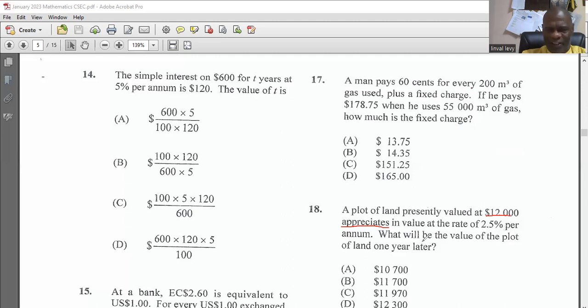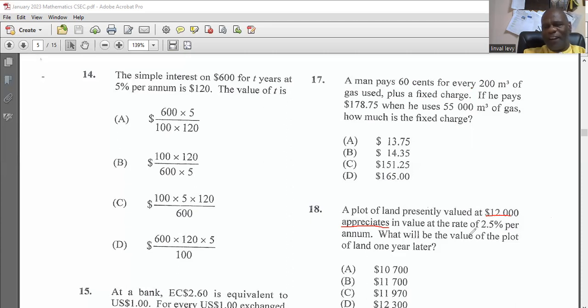Right? Annum means year. What will be the value of the plot of land 1 year later? Okay? So they say appreciate by 2.5%. They're going to take 2.5% of $12,000.